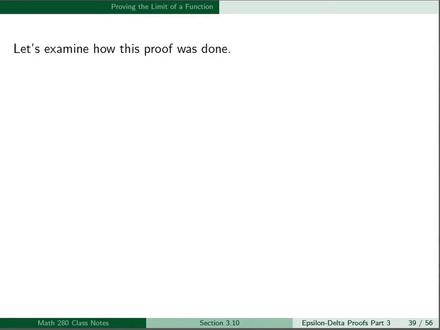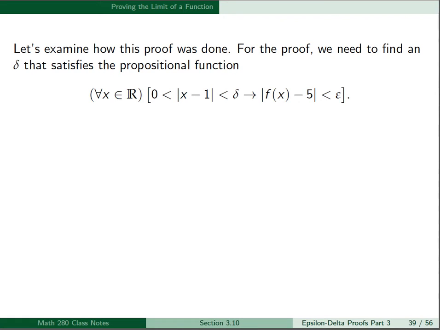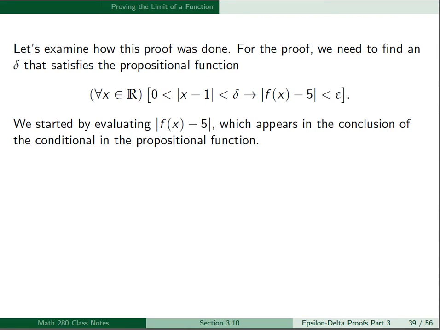Now let's examine how this proof was done. For the proof, we need to find a delta that satisfies the propositional function in the definition. So we started by evaluating |f(x) - 5|, which appears in the conclusion of the conditional in the propositional function. For the conclusion, we need |f(x) - 5| less than epsilon.